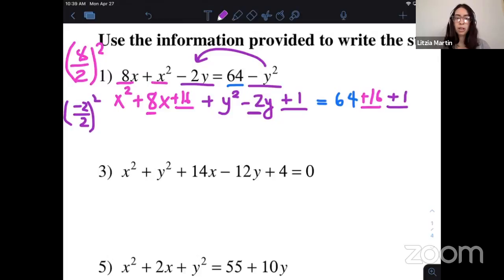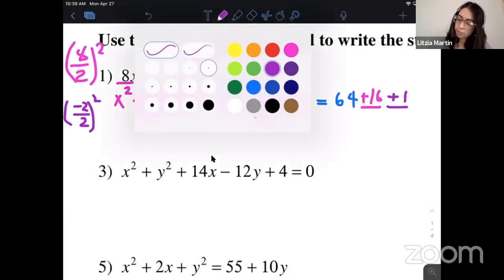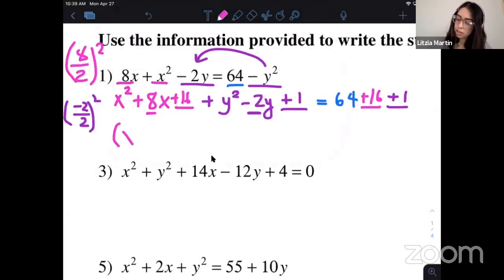So from here, we will write out our perfect squares and then simplify on the other side. So this is going to give us, let me do pink, x plus 4 squared. Remember, that value there comes from just looking at the inside.